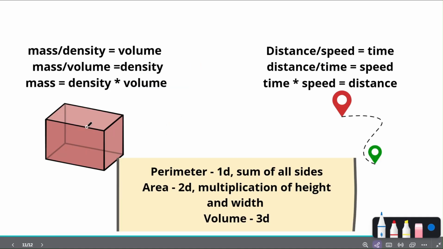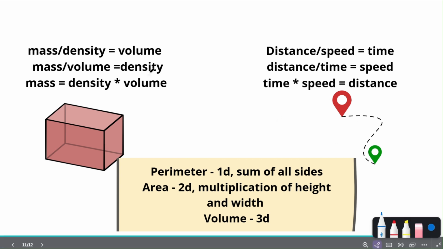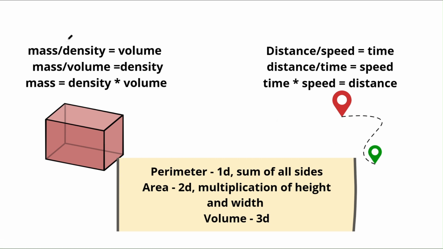The last thing that we're gonna cover today is these three sections, three things. First thing is in SAT, you have mass, density, and volume. There are three things, and you'll be given a word problem where you have to find one of them based on the information. But to find one of them, we have a fixed formula.